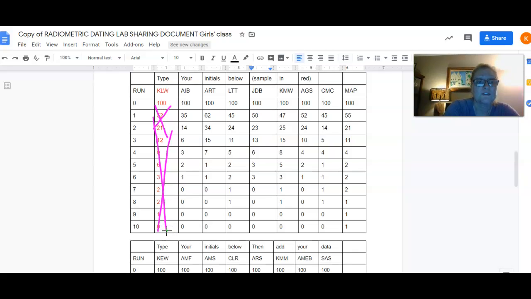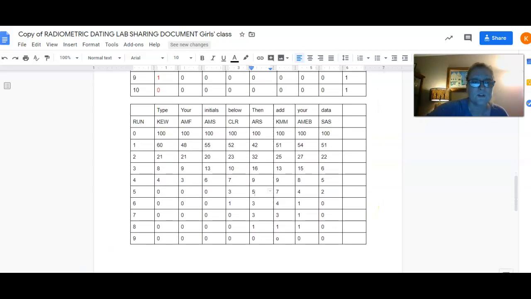If we go across from run 1, we count all of these numbers that everybody added, and then we go down and we scroll down and we count the next set of numbers for run 1, all the way across. That's going to be your class total.